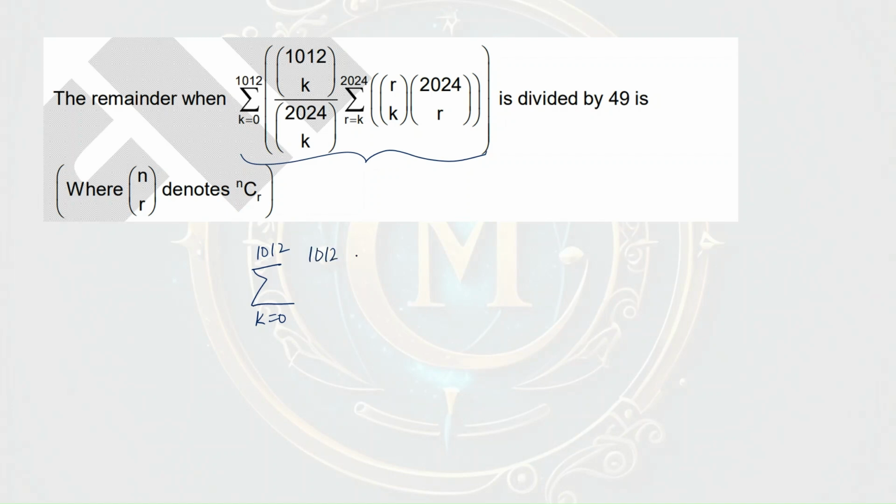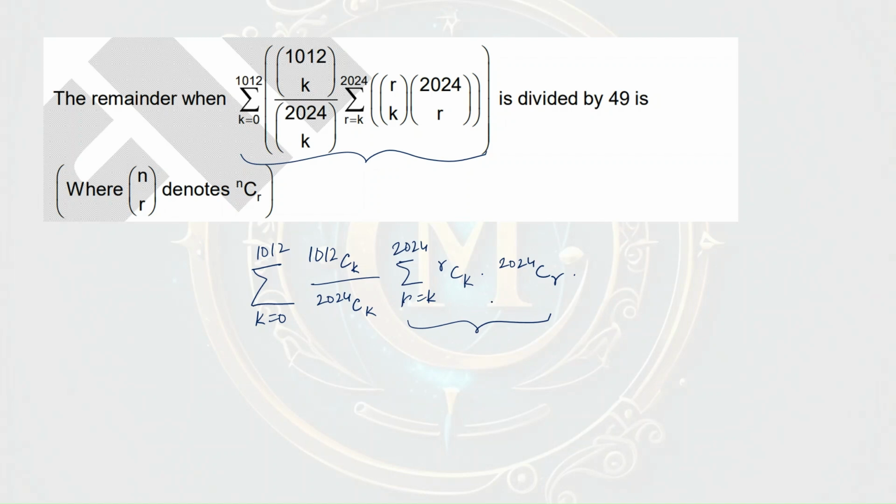So this will be 1012 Ck divided by 2024 Ck times summation r equal to k to 2024 rCk times 2024 Cr. Now here we have to solve this sigma first.